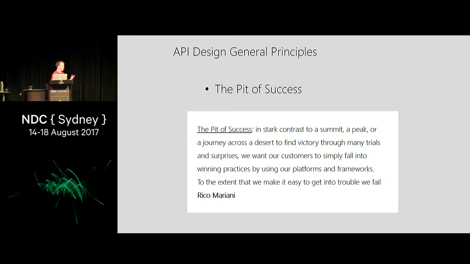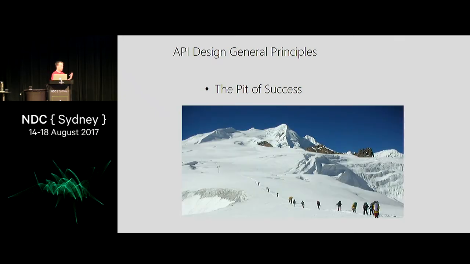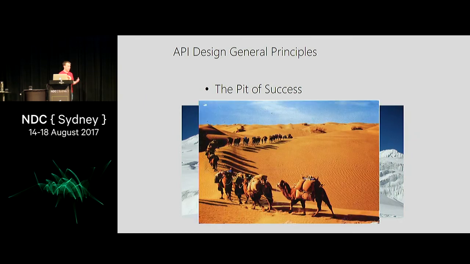So when you're designing a framework or an API, you don't want to force users to trek across a huge mountain, figuring out incredibly complex configuration or processes. You don't want your users to have to trek across a desert, write tons of boilerplate code, like that Hibernate mapping file we saw earlier, or wade through swaths of documentation to find the right method.